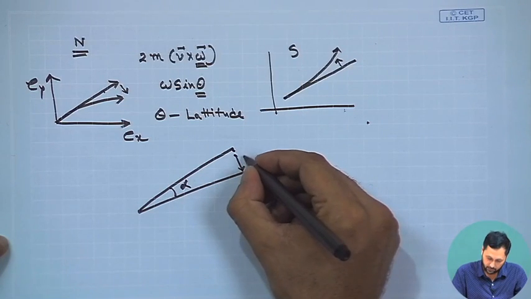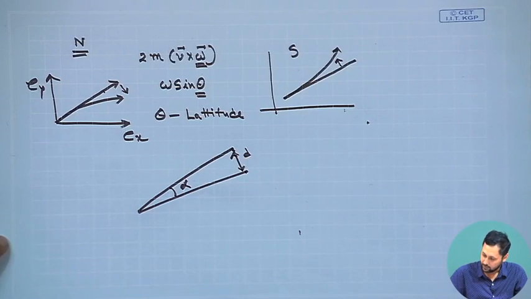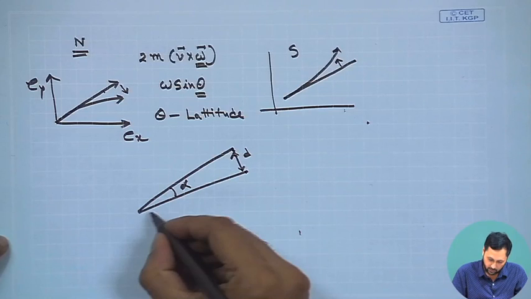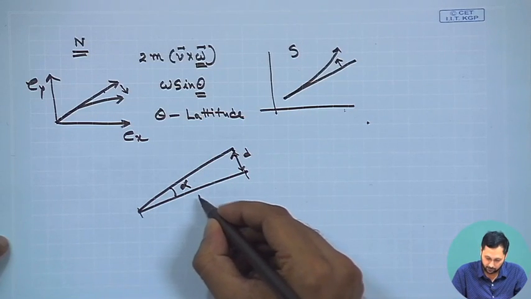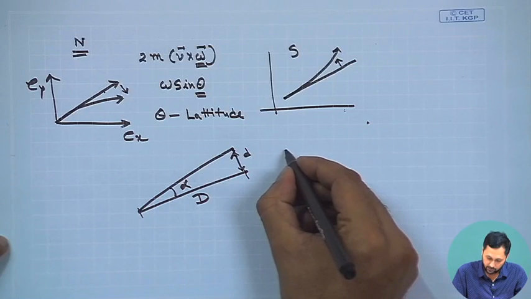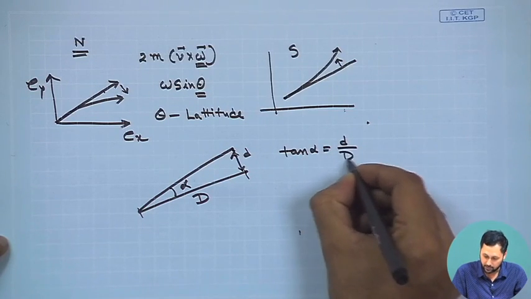If the deviation is given by this distance d, and this original path length is given by capital T, then we immediately see that tan alpha is equal to d by T.